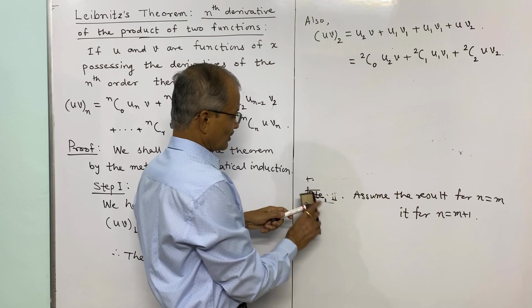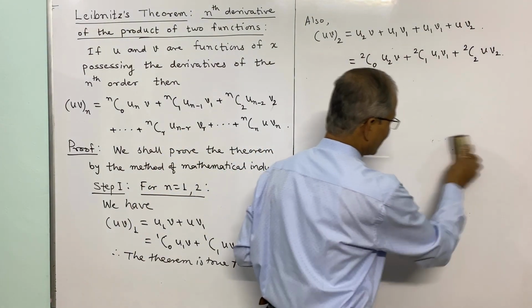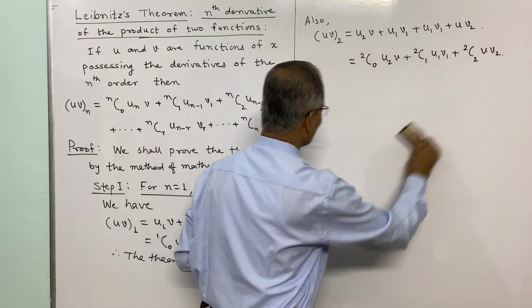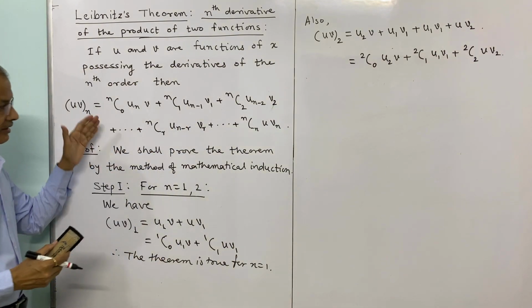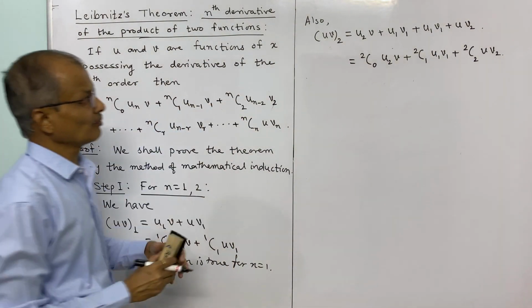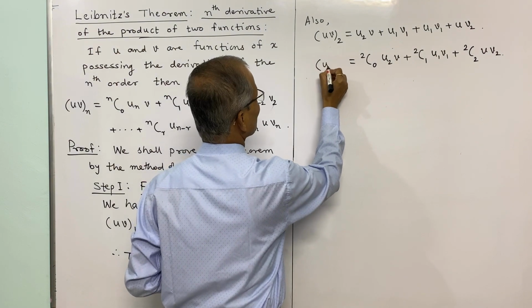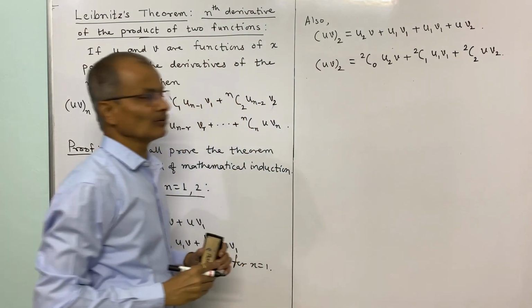So therefore now verify whether it follows the theorem, or whether the theorem is true for this number n is equal to 2. That is the second derivative of u into v.